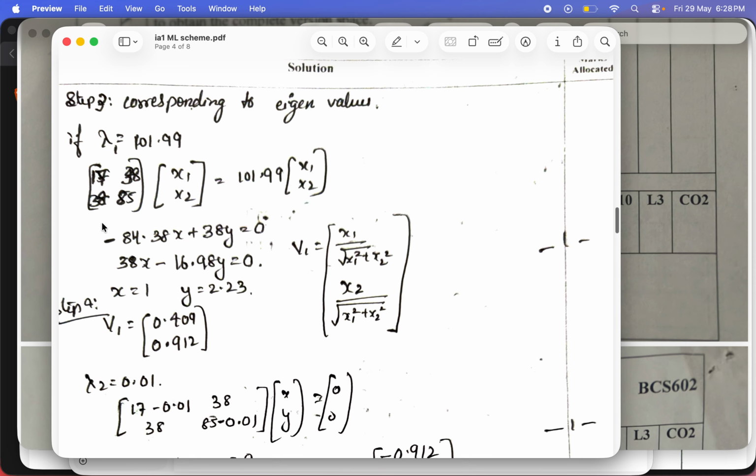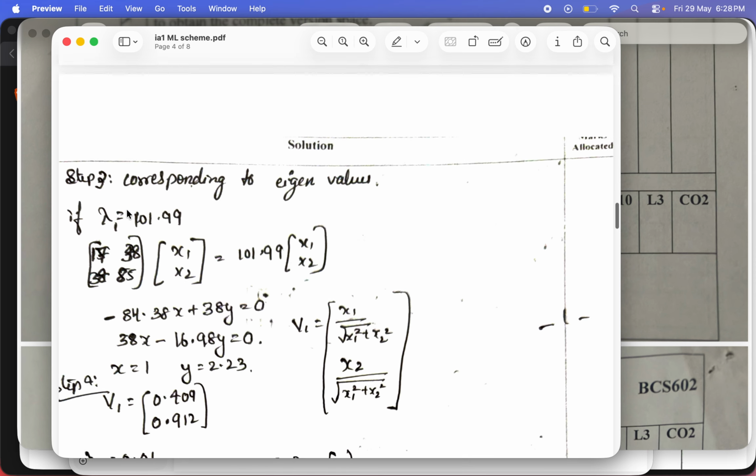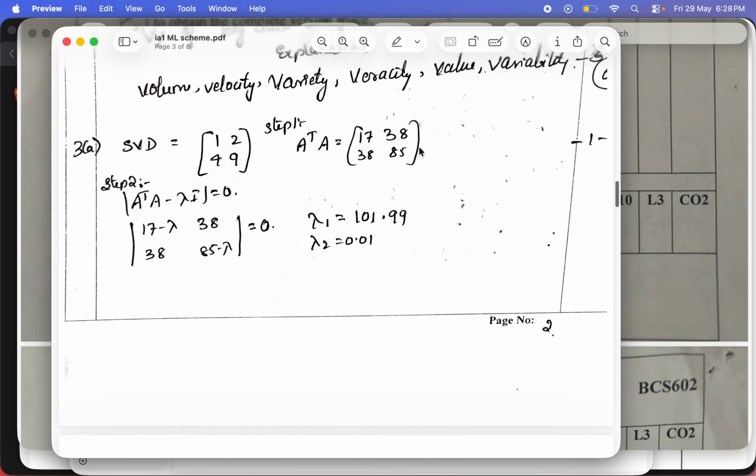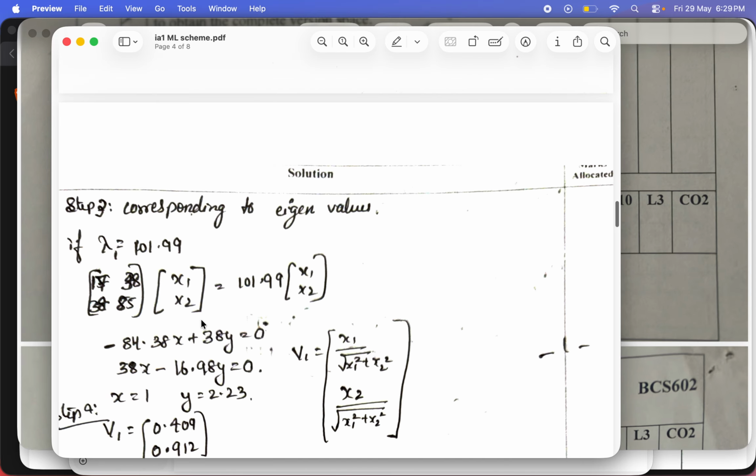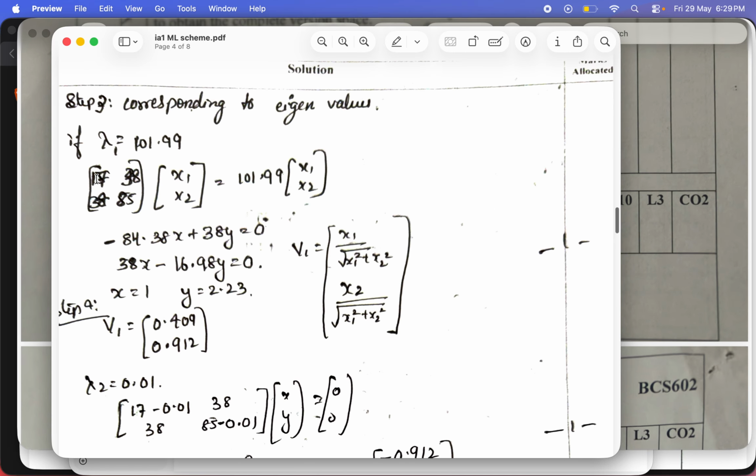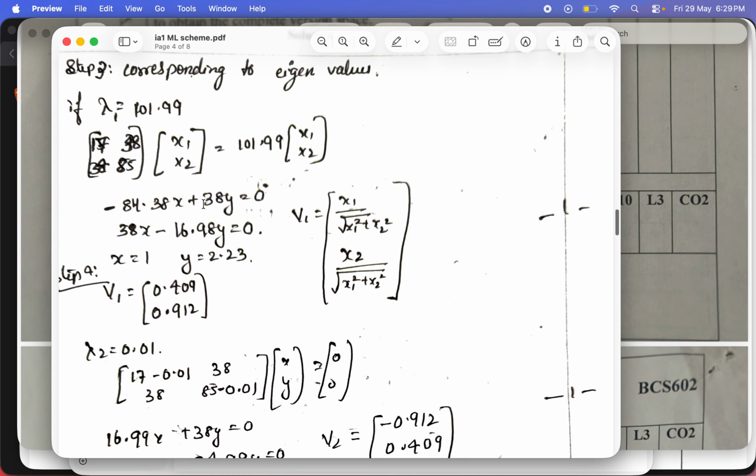This is the given matrix A transpose A: 17, 38, 38 and 85, multiplied with x1, x2, and equated with the first eigenvalue lambda 1 into x1, x2. So you substitute 17 into x1, 38 into x2, equals 1.99 into x1, x2, and solve the equations. Once you solve, you will get the coordinates: x1 equals 1 and x2 equals 2.25.